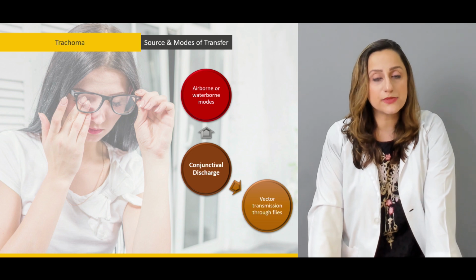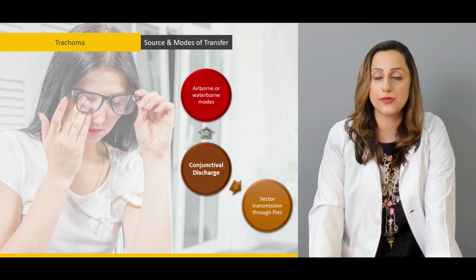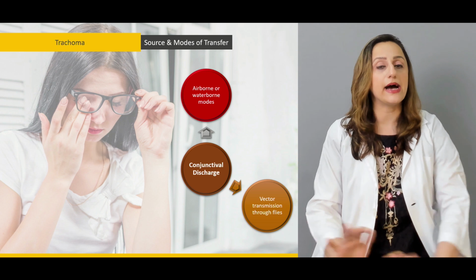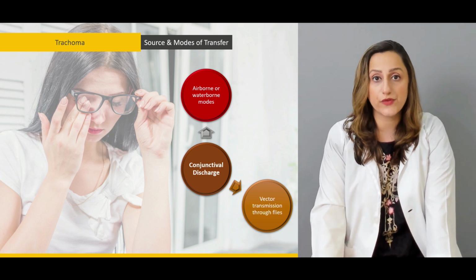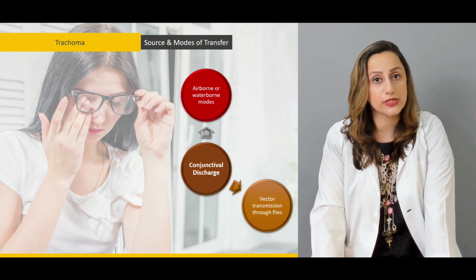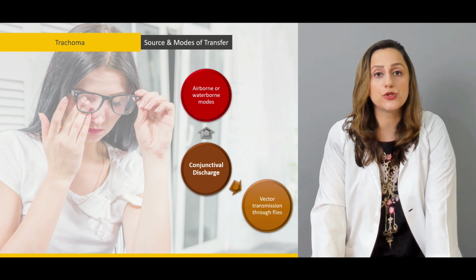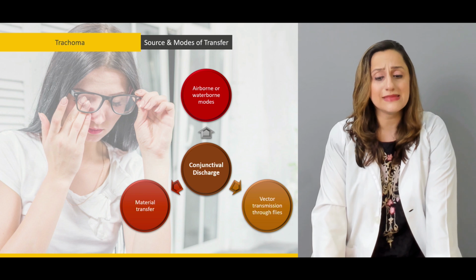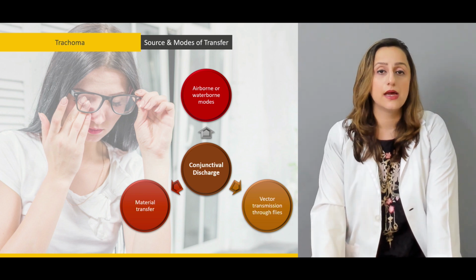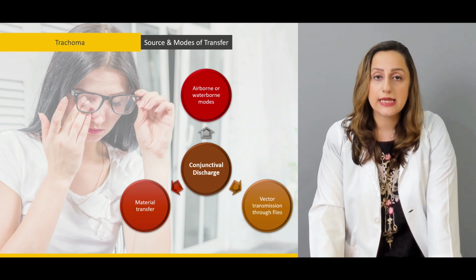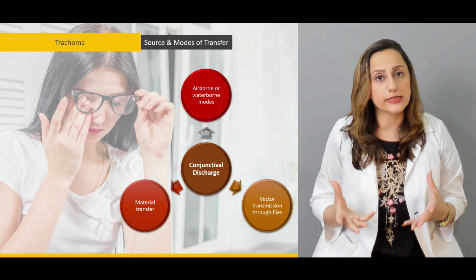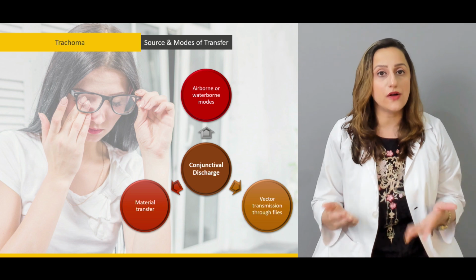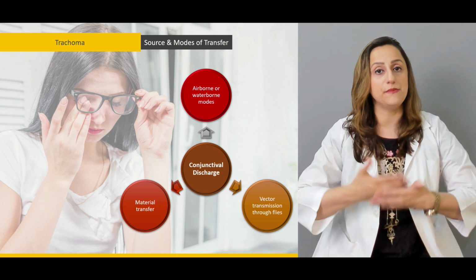The vector transmission through flies is again very important here. Flies play a very important vector role in carrying the discharge material from the infected eye to the normal eye. Then it can be a direct material transfer, when personal products are commonly used, for example towels, handkerchiefs, and bedding.